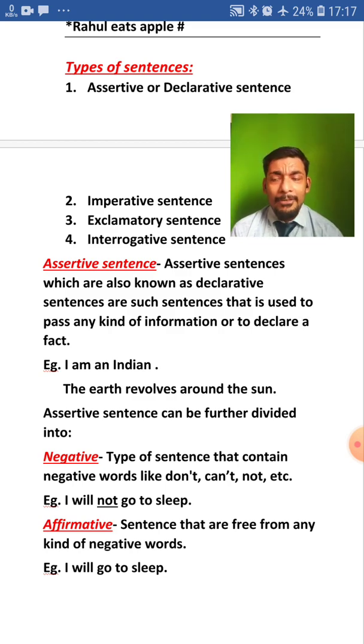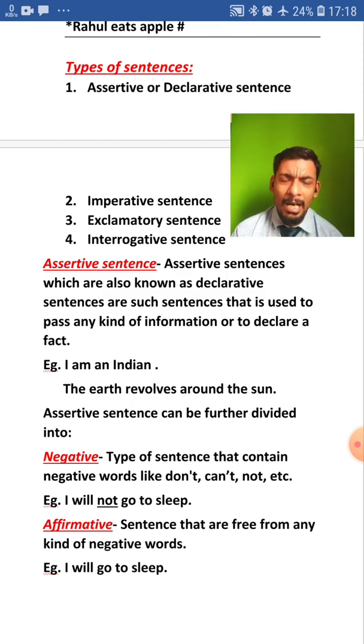Means if you are giving an information or declaring a fact without the use of any negative word, it will come under the category of assertive sentence but affirmative type. And if you are using any negative word for giving us any information or for declaring a fact, it will come under the category of negative sentence.